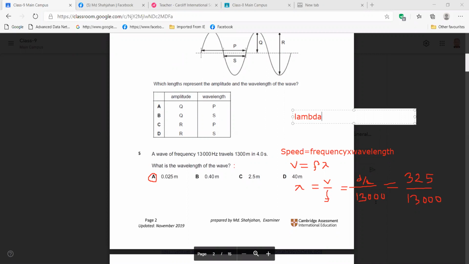Lambda. Wavelength we are expressing with lambda. It is a Greek letter. V equals F lambda. Say all of you together. V equals F lambda. Memorize this, okay?